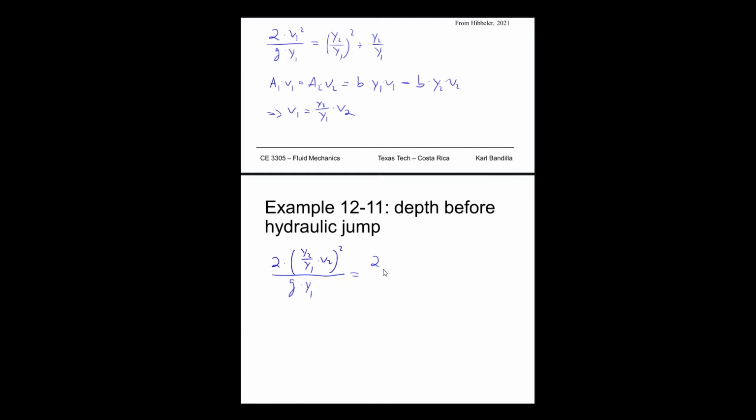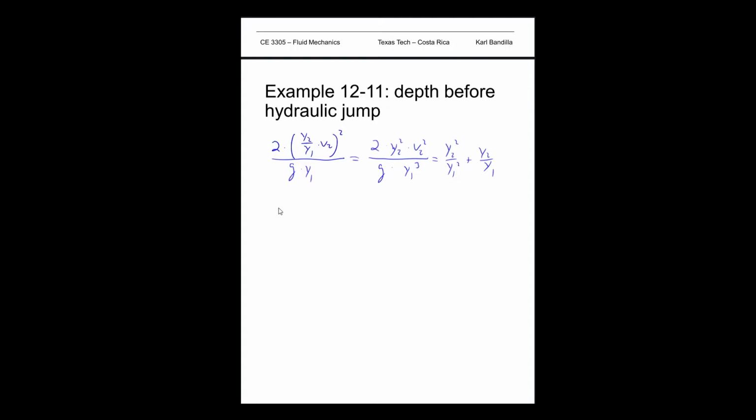That gives 2 times y2 squared times v2 squared, over g times y1 to the third power, which is equal to y2 squared over y1 squared plus y2 over y1.